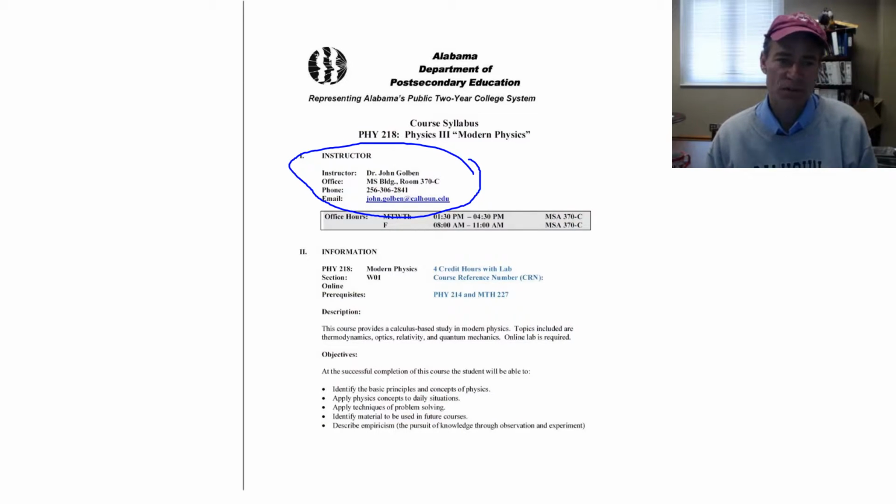At the successful completion of this course, the student will be able to identify the basic principles and concepts of physics, apply physics concepts to the real world, apply techniques of problem solving, identify material to be used in future courses, and describe empiricism, the pursuit of knowledge through observation and experiment.